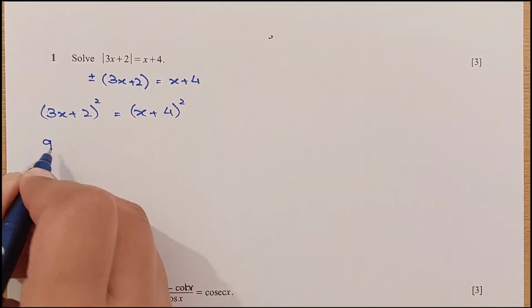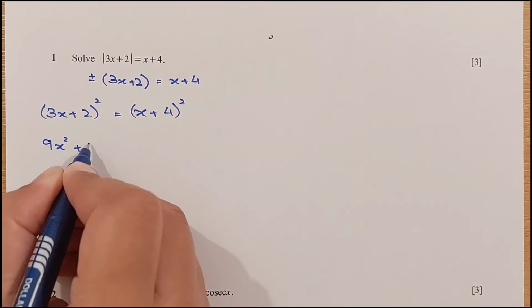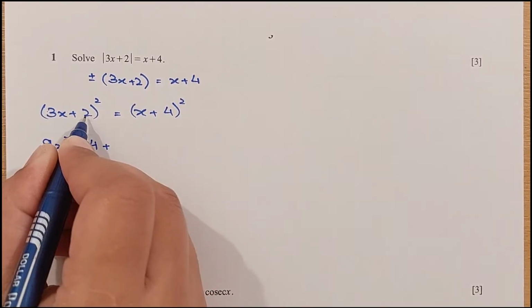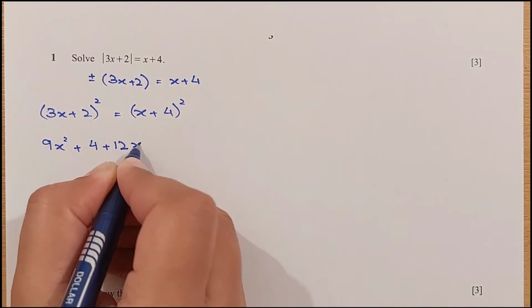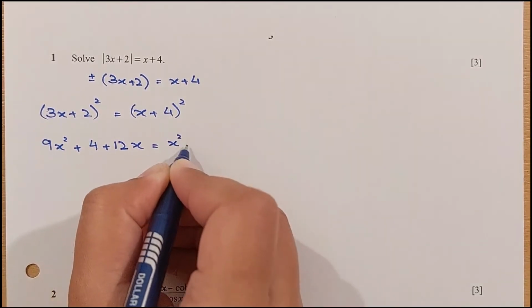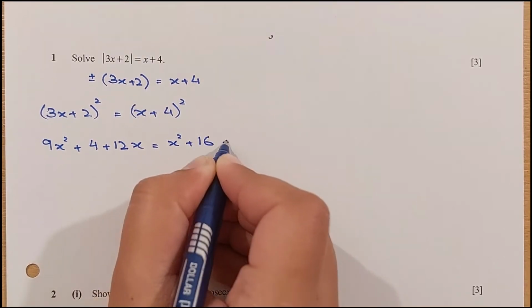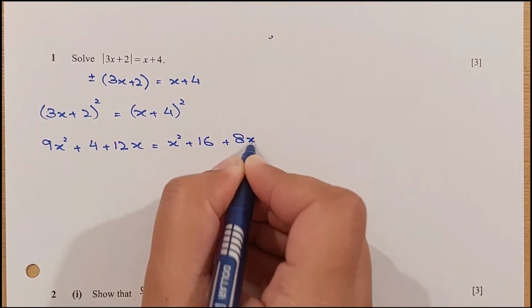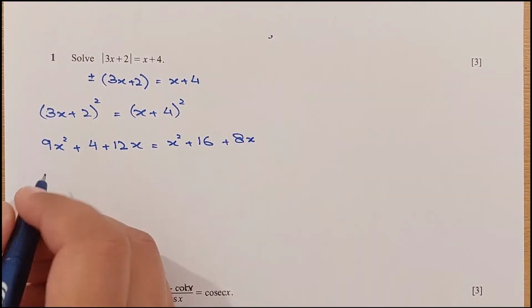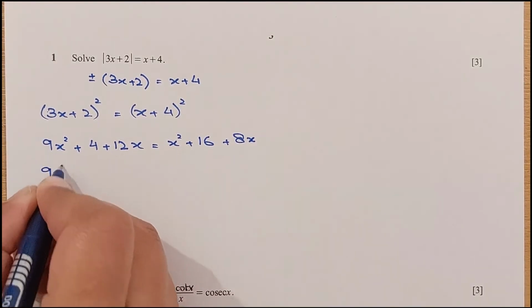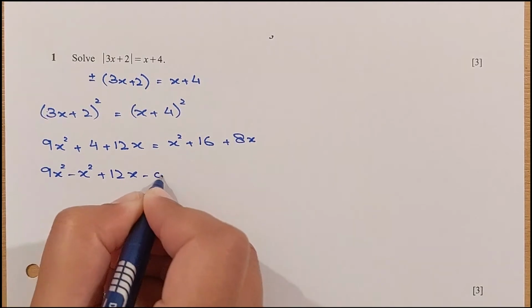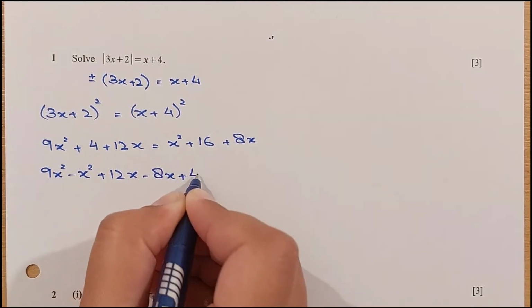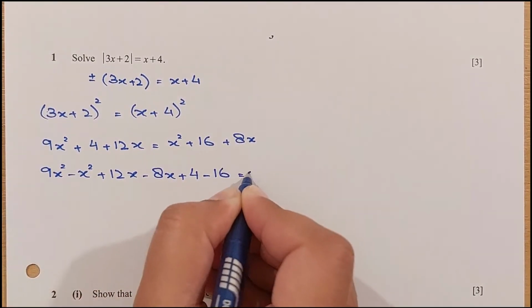So this is 9x squared plus 4 plus 2 times 2 is 4 and 4 times 3 is 12x equals x squared plus 4 squared is 16 plus 2 times 4 is 8x, right? Shifting all the terms to the left side, we have 9x squared minus x squared plus 12x minus 8x plus 4 minus 16 equals 0.